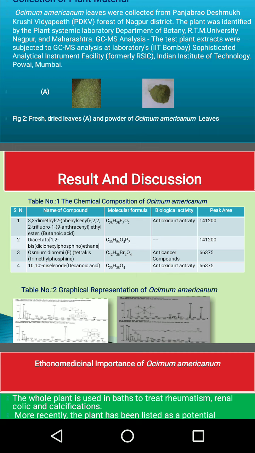The molecular formula of decoic acid is C23H38O4. It has biological activity, that is antioxidant activity, in the decoic acid. The first compound shows antioxidant activity, and the third compound shows anti-cancer activity.